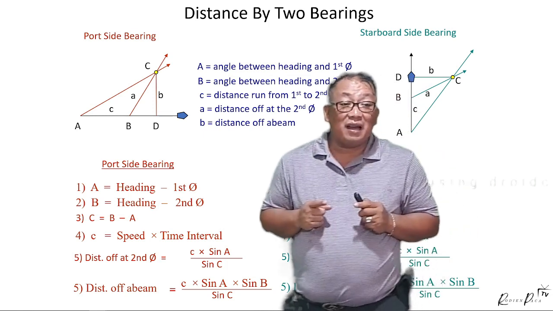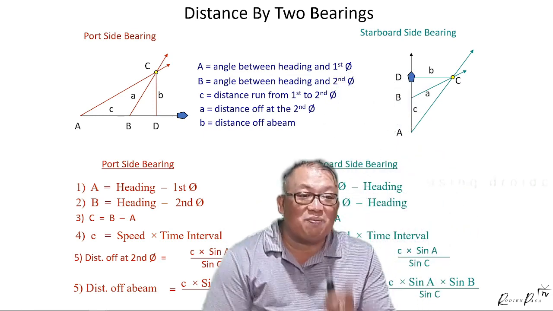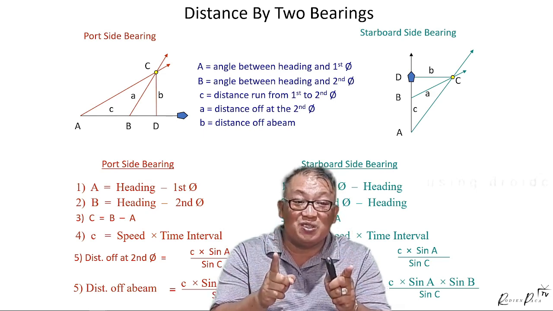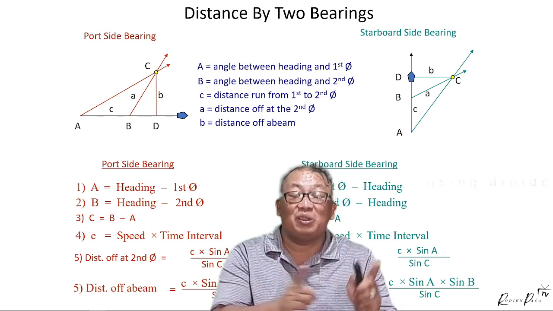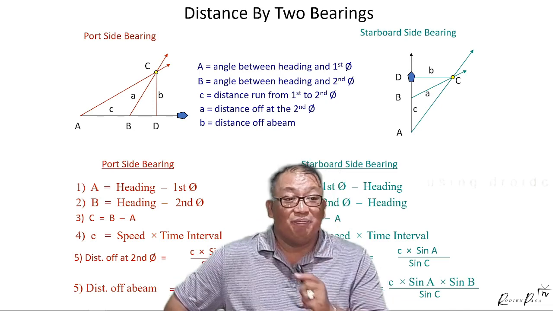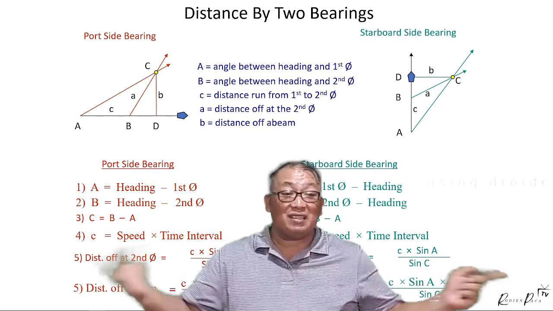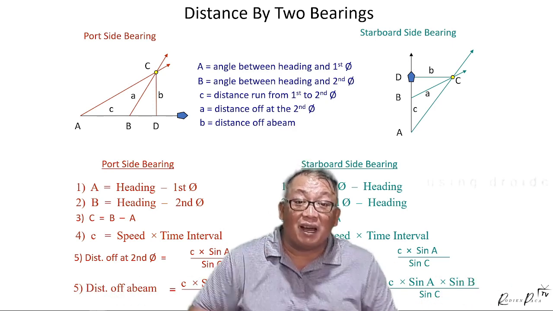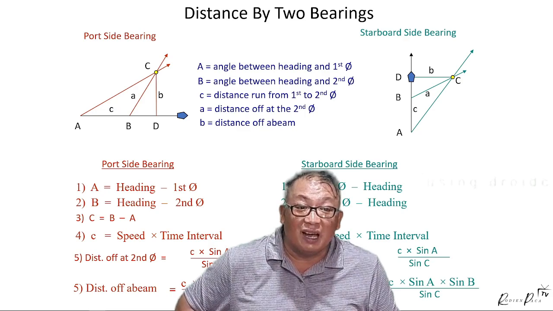But in RODIENPACATV, in this blog, you will learn how to solve beyond what we have learned from the school. Because the school taught us basic formulas like this, but I will teach you practical solutions in navigation.